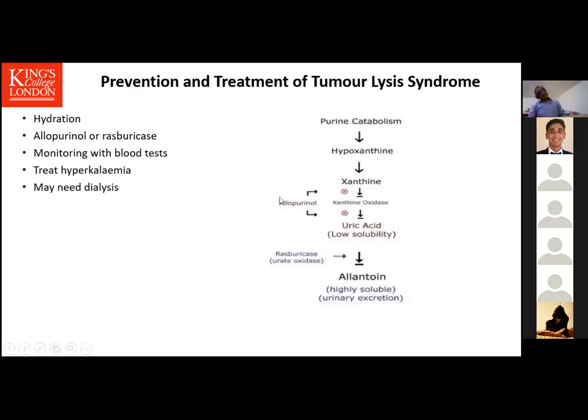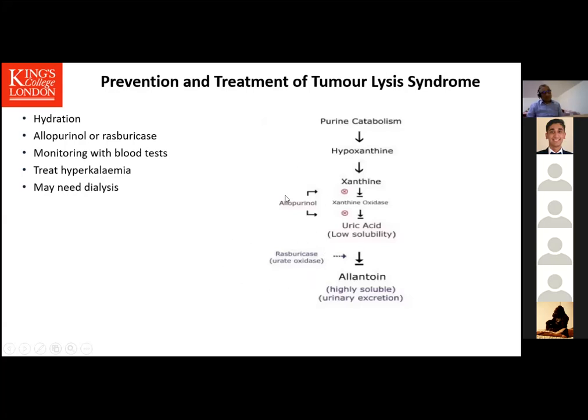Because it's a slow process, we tend to give allopurinol in patients with less tumor burden or less cell burden, like low-grade lymphomas or low cell count AML. But in the patient who has a white cell count of 100, you would like to give something called rasburicase. Rasburicase works as a urate oxidase. So it's an enzyme.